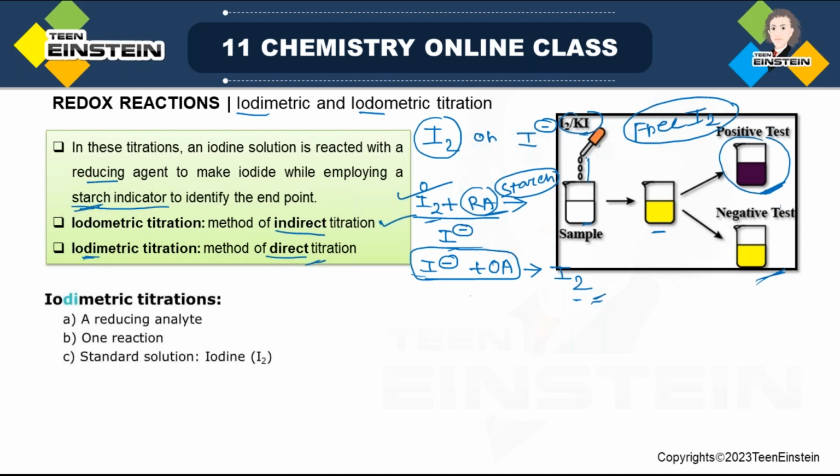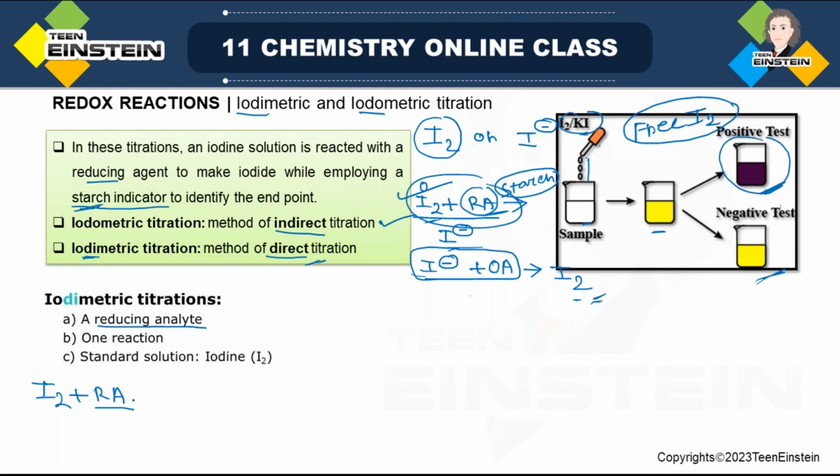So how is it simple? Here we take a reducing analyte. So remember this part that I have written here, that I am writing it again. In this case, the analyte is the reducing agent. That means the concentration of RA, whatever reducing agent you have taken, you do not know.